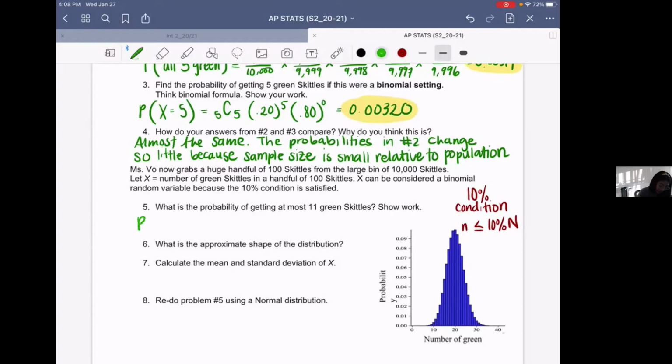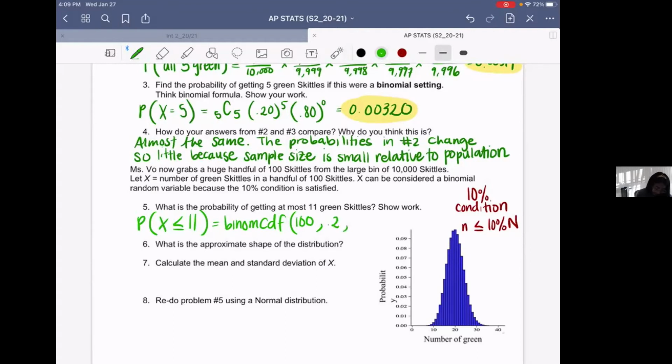So the probability that X is at most, so that means less than or equal to, 11. And then you're going to use binomial CDF, and then the values that we are going to put in here. So we have 100 trials. Our probability remains the same, which is 0.2 from above.